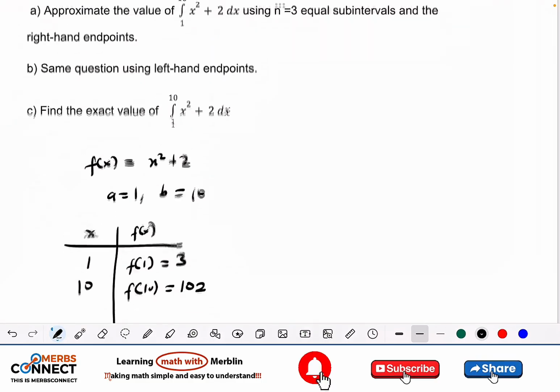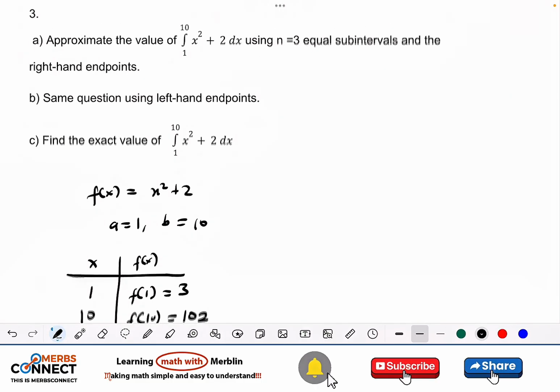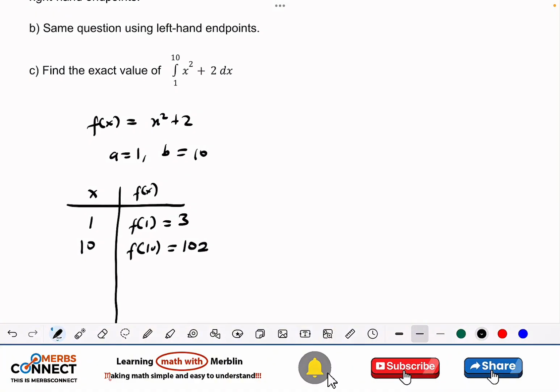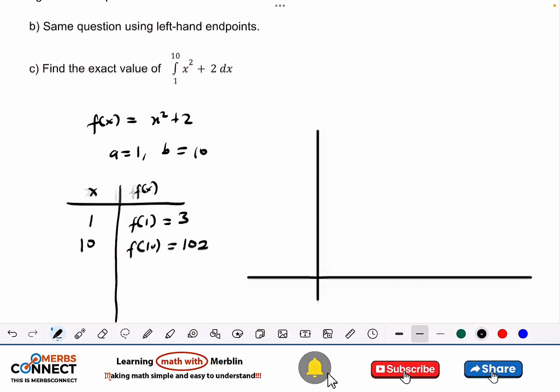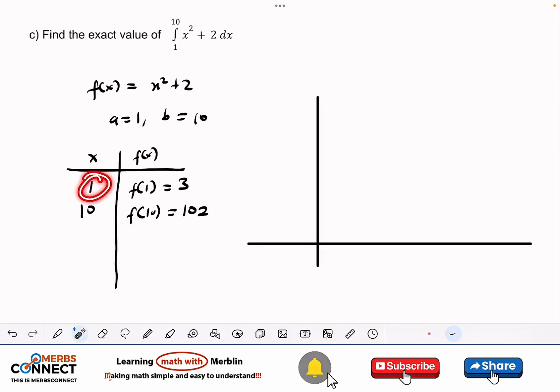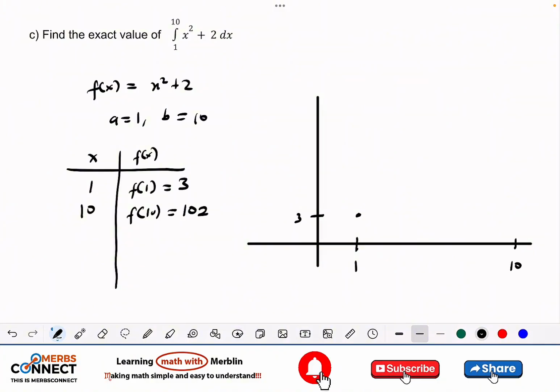Now we want to sketch the graph. When x is 1, we have 3, so let me put my 3 here. Then when x is 10, I put my 10 here, and this is 102 somewhere here.